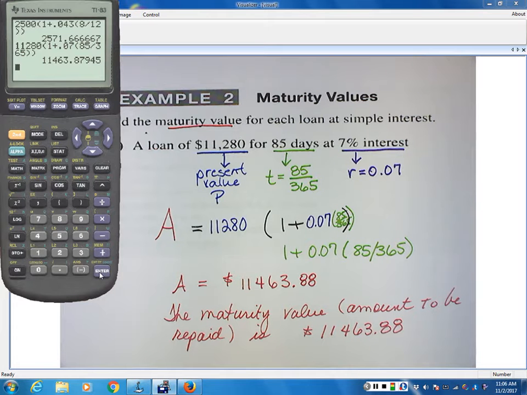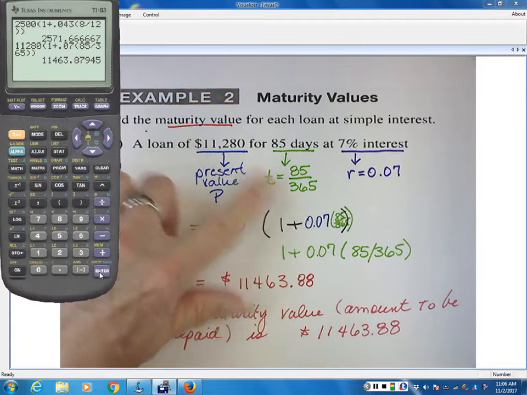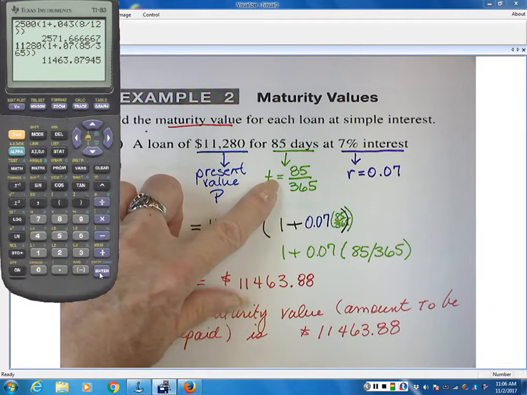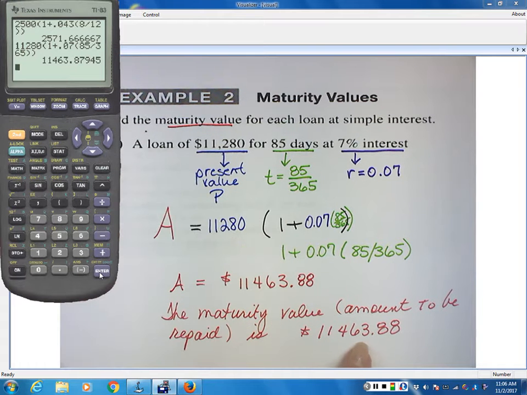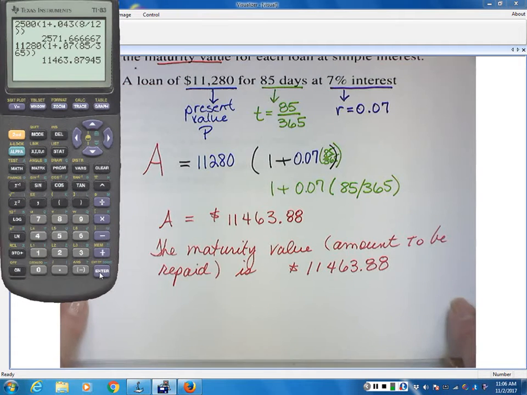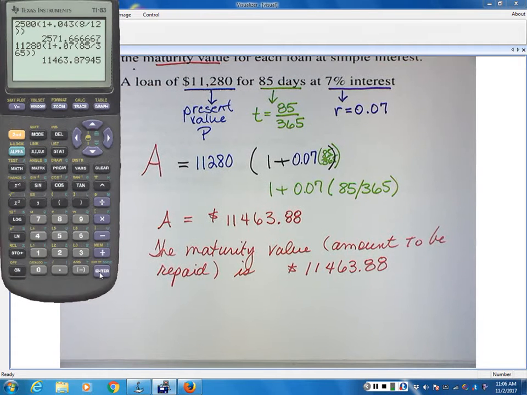So even though you have a higher interest rate, since that's a much shorter time period, your interest is just shy of $200. Does that say at the bottom there, the maturity value, what? Oh, it's the amount to be repaid. Any questions?